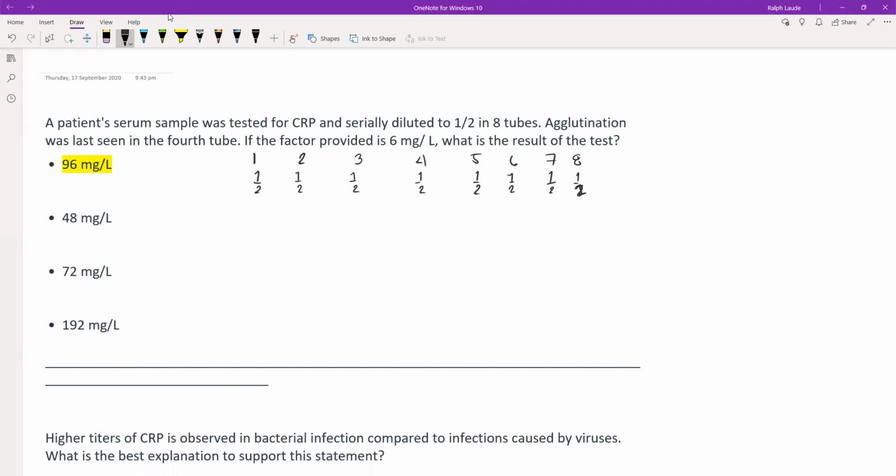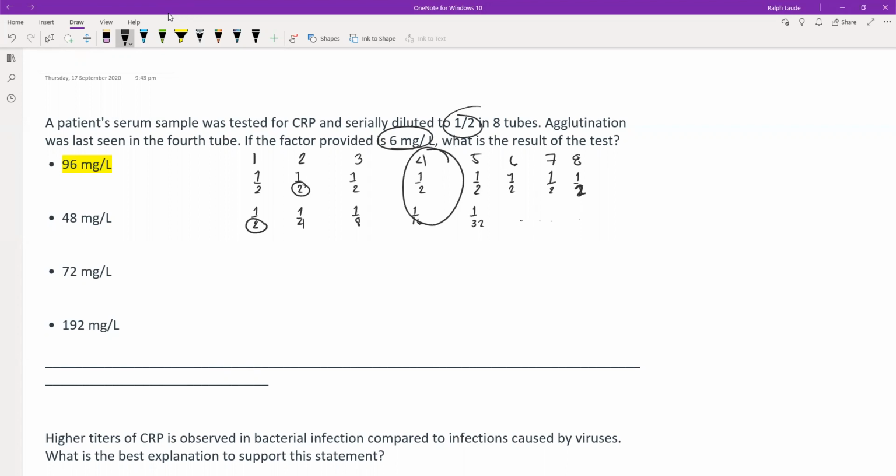What we are going to look for is the final dilution, because that is what we are going to multiply with the factor that was given. 1 over 2 will be retained in tube number 1. Then multiply the denominator with the denominator of the previous tube, so this becomes 1 over 4, 1 over 8, 1 over 16, 1 over 32, and so on. But our concern mainly is tube number 4.